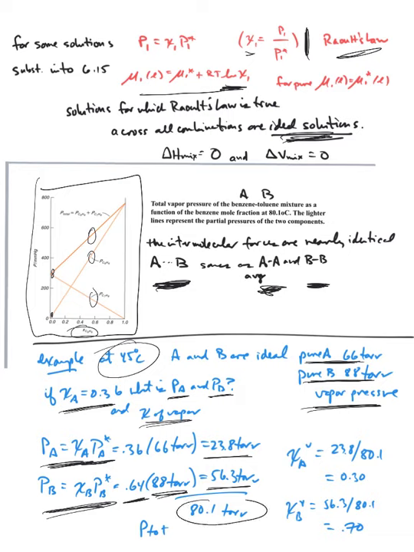So the total vapor pressure above this solution is going to be 80.1 torr with these two partial pressures. If you want to know the mole fraction of each component in the vapor, you need to take its partial pressure over the total. So the partial pressure of A over the total will give you the mole fraction in the vapor phase. For B, the partial pressure of B over the total gives its mole fraction.